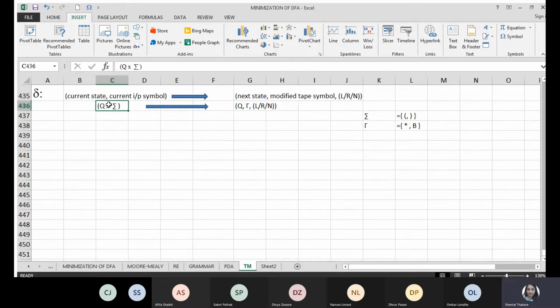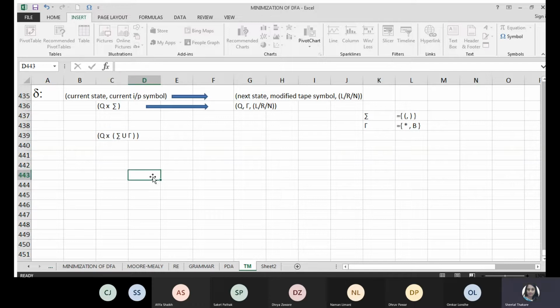So this is properly written as the tape symbol, or it can be the union of input symbol and tape symbols. Again, you will find some of the transitions are also defined on blank. So this should be modified likewise.